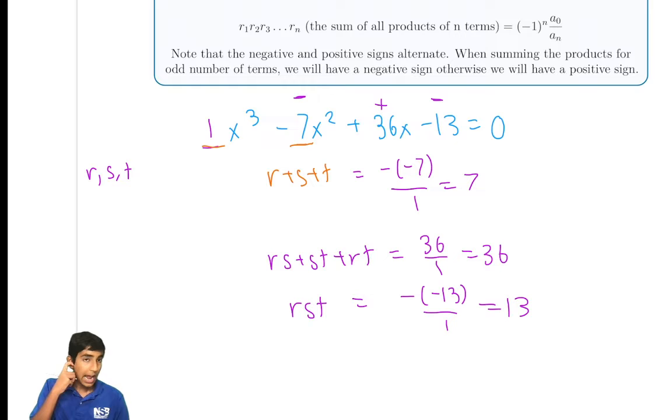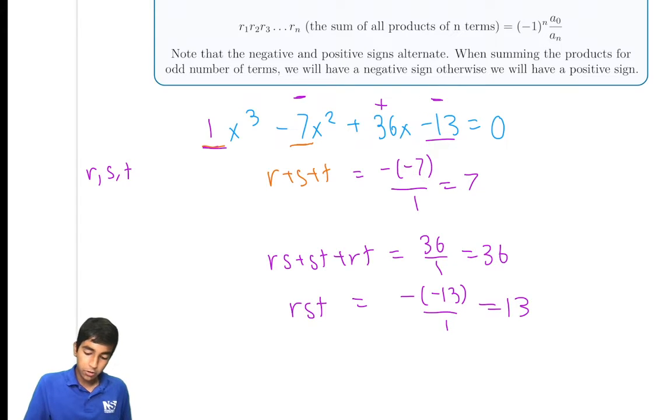And next we have the sum of all the pairwise products, so the sum of all possible values of the product of two roots, rs, st, rt. That's going to be the second term divided by 1 over here. And finally, the sum of all products of 3 terms, so rst, that will just be the fourth term, divided by this term here with whatever sign multiplied to it.